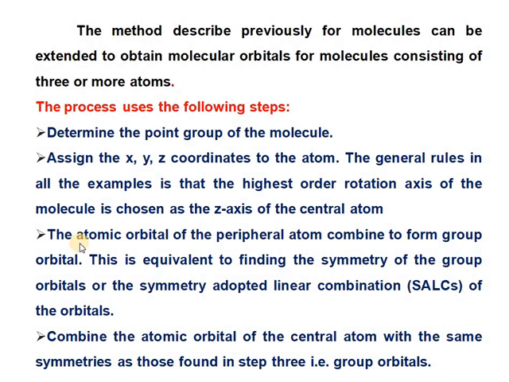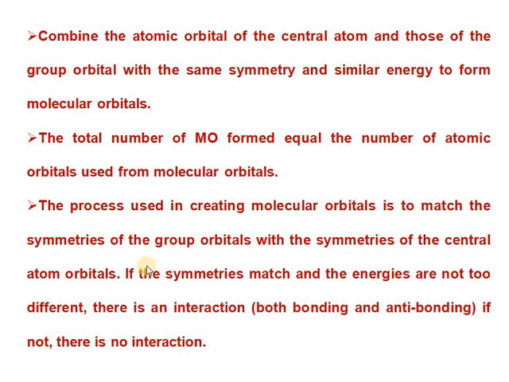Third step, the atomic orbitals of the peripheral atoms combine to form group orbitals. This is equivalent to finding the symmetry of the group orbitals, or the symmetry adapted linear combination of the orbitals. Next step, combine the atomic orbitals of the central atom with the same symmetries as the group orbitals found in step 3. We have seen such parts in the last lectures.